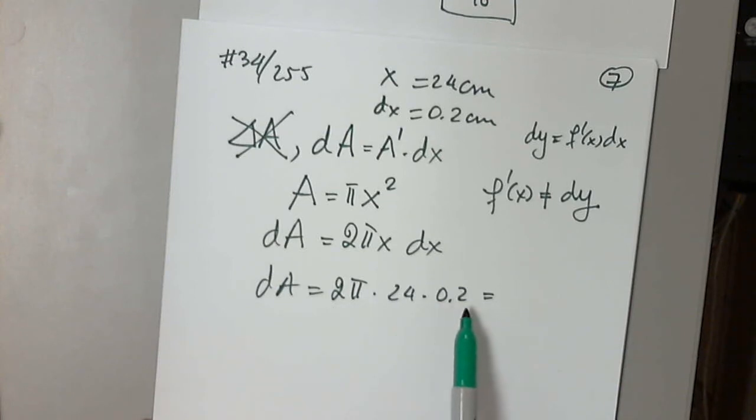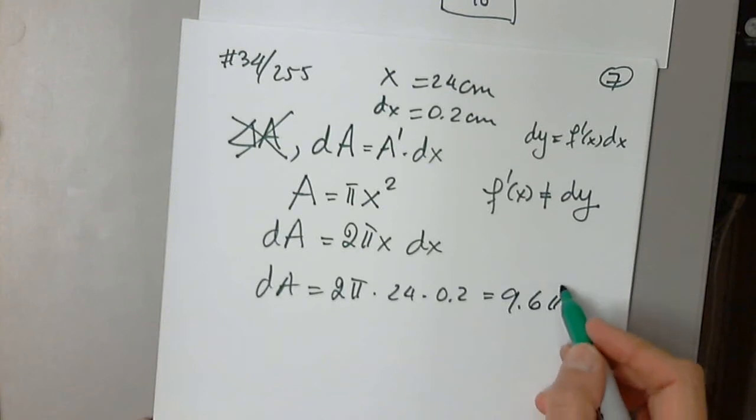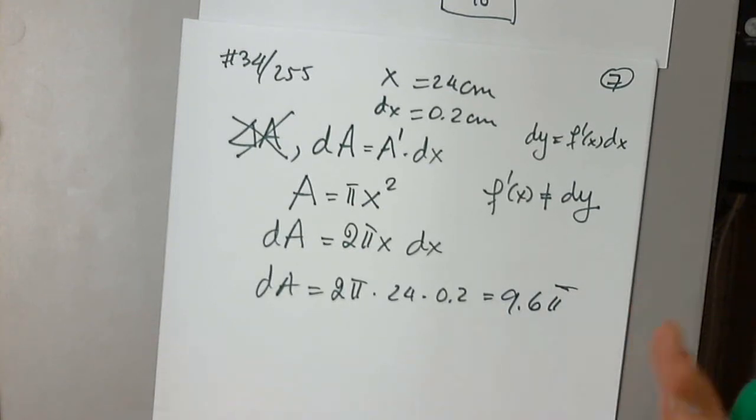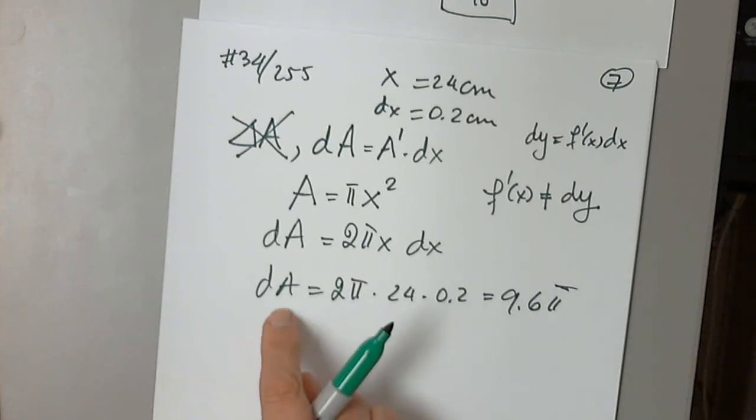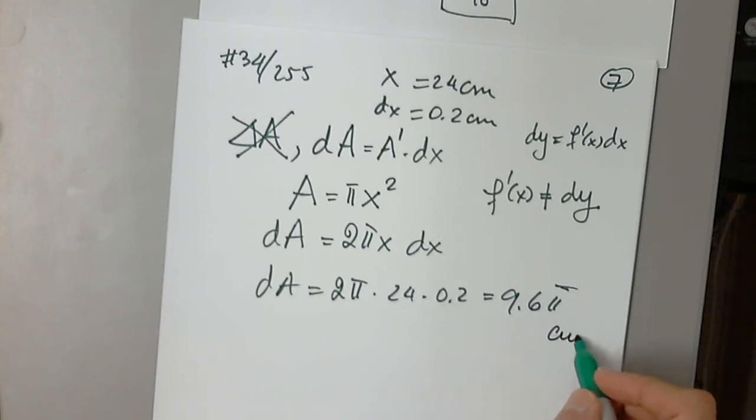So this is 48, right? 48 times 0.2 is 9.6. 9.6 pi. You can multiply if you want to approximate it, but I'm fine with that. And what is the measurement unit of the error in the area? Yes, centimeter squared. Very good.